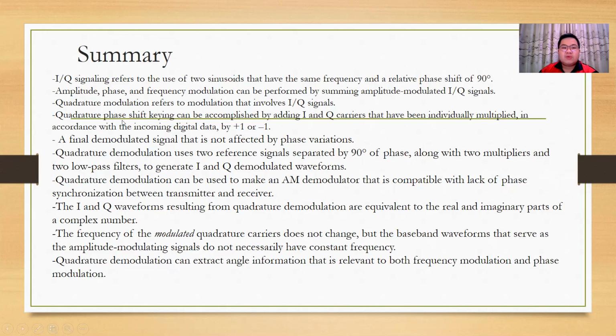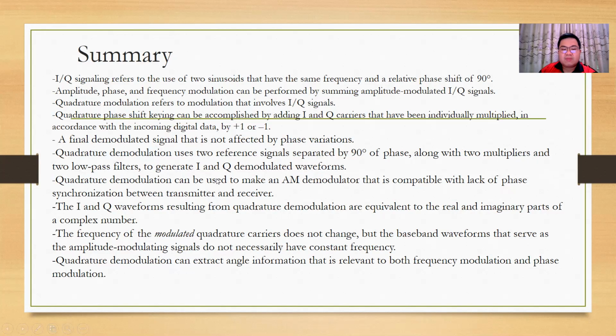The final demodulated signal is not affected by phase variation. Quadrature demodulation uses two reference signals separated by 90 degrees of phase, along with two multipliers and two low-pass filters, to generate I and Q demodulated waveforms.